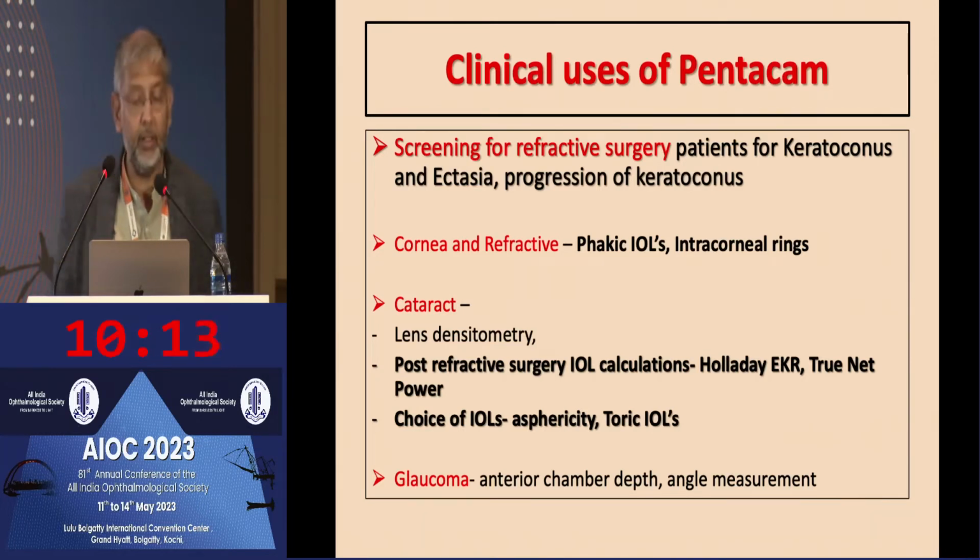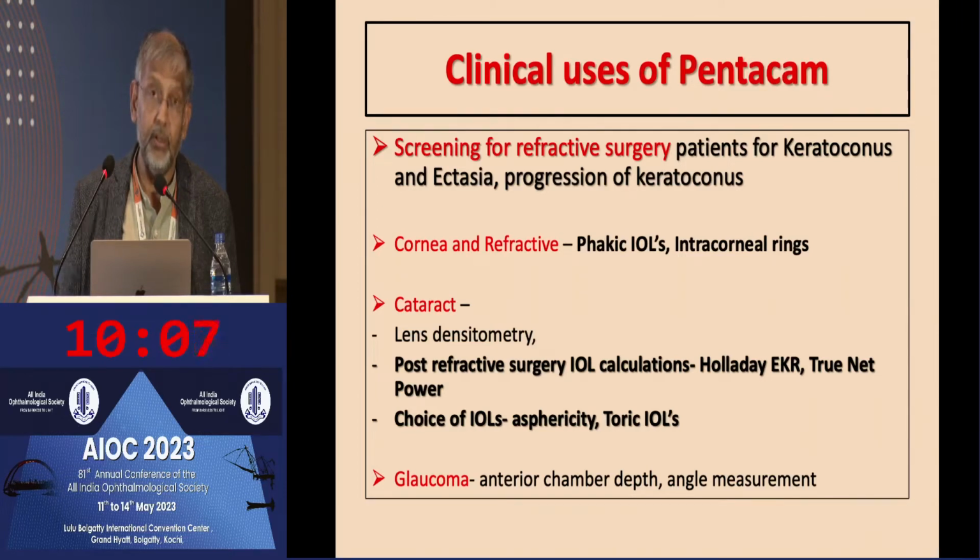And in cataract, of course, one can do lens-based densitometry, which, as we all know, compares well with the LOCS III classification as far as the density or hardness of the cataract is concerned.